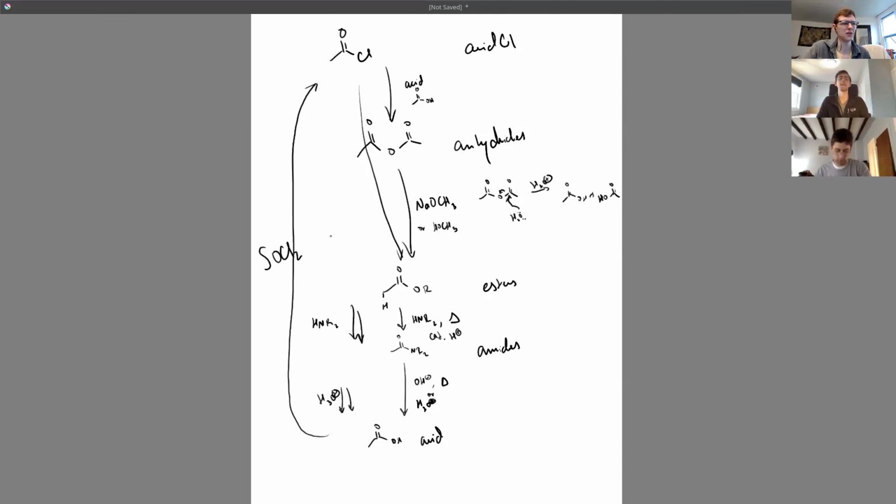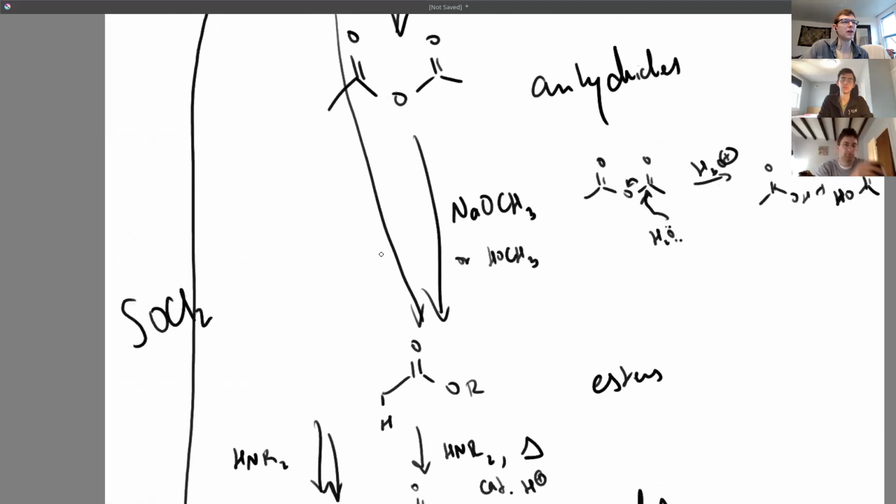And it's not that hard to do this step, at least not on paper. So yeah, there's actually one thing that commonly gets excluded from this list, which I also haven't written here, and it fits in here, which is thioesters.